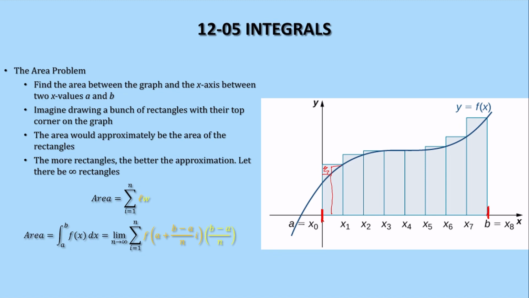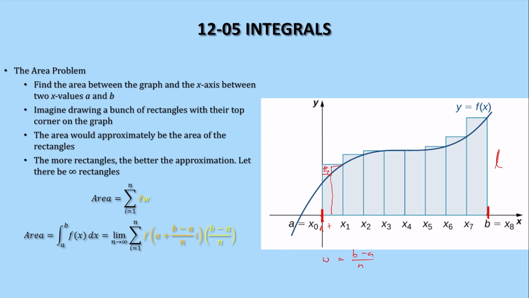Well, the length of the rectangle, let's call that the height. All right, so what will it be? It will be an a, but then I need to add the width. The width is going to be b minus a divided by the number of rectangles. So if it's from 0 to 8, and we want 12 rectangles, it'd be 8 over 12 for the width of each rectangle.